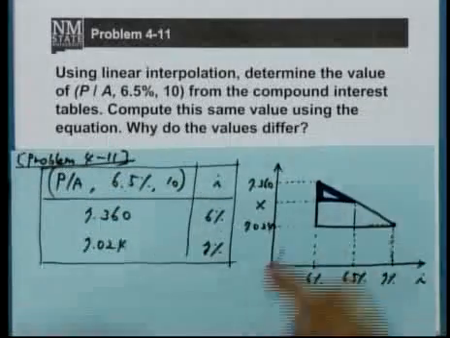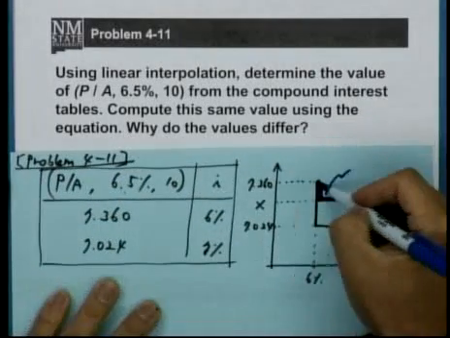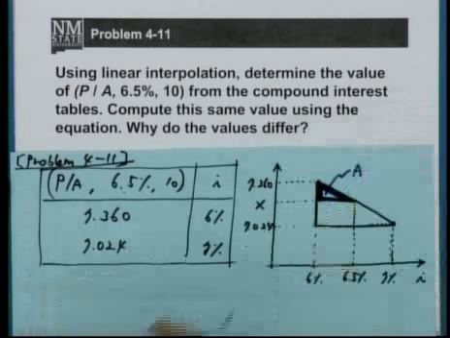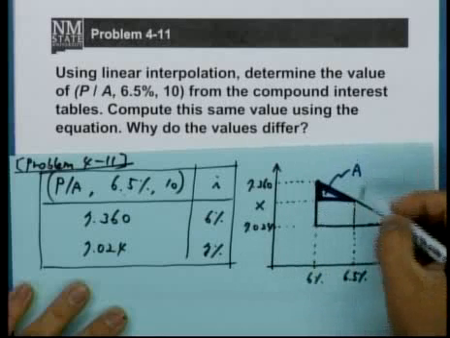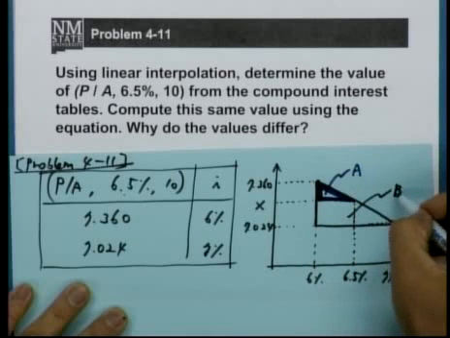Okay, so this small triangle is called triangle A. And this large triangle is called triangle B. Okay?